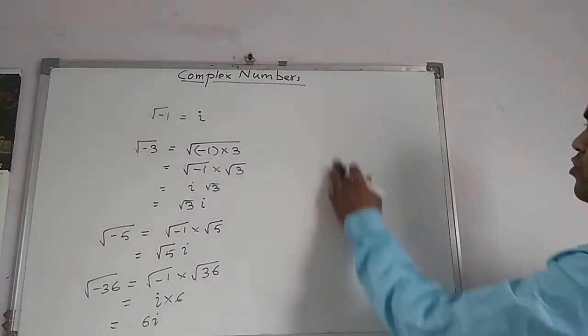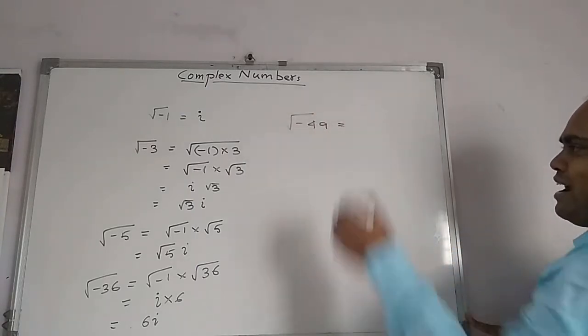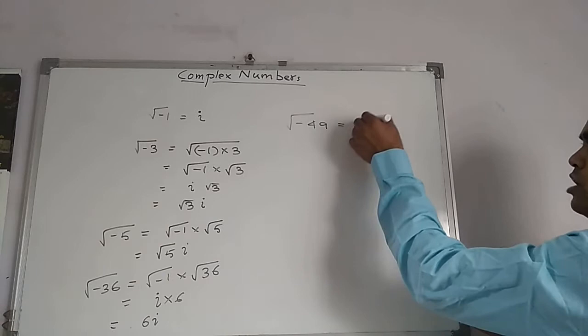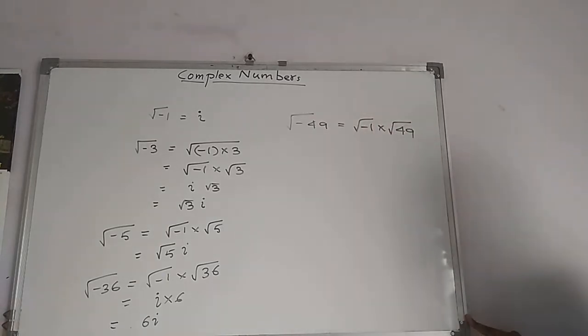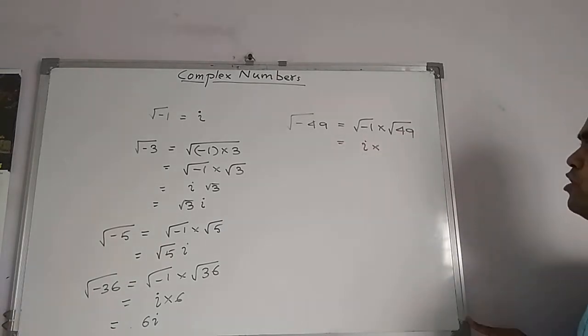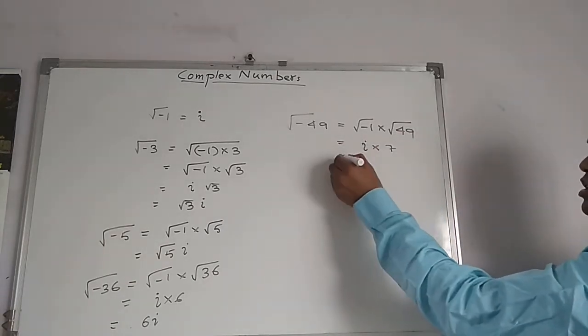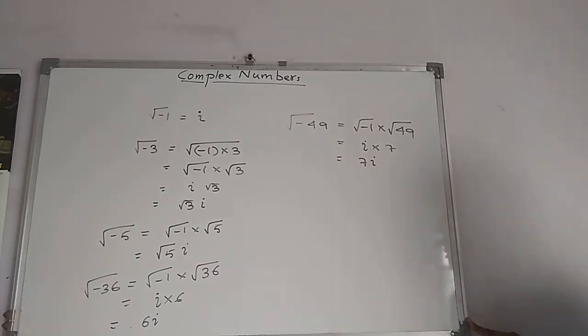Okay. Suppose we have square root of minus 49. So we can write it as square root of minus 1 multiplied by square root of 49, and square root of minus 1 is iota, and square root of 49 is 7. So we have 7 iota, right?